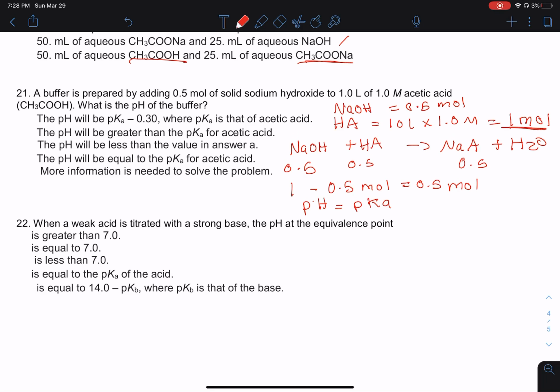pH equals pKa plus log of base over acid, and that would mean the pH is equal to the pKa because log of 1, or yeah, log of 1 is 0.